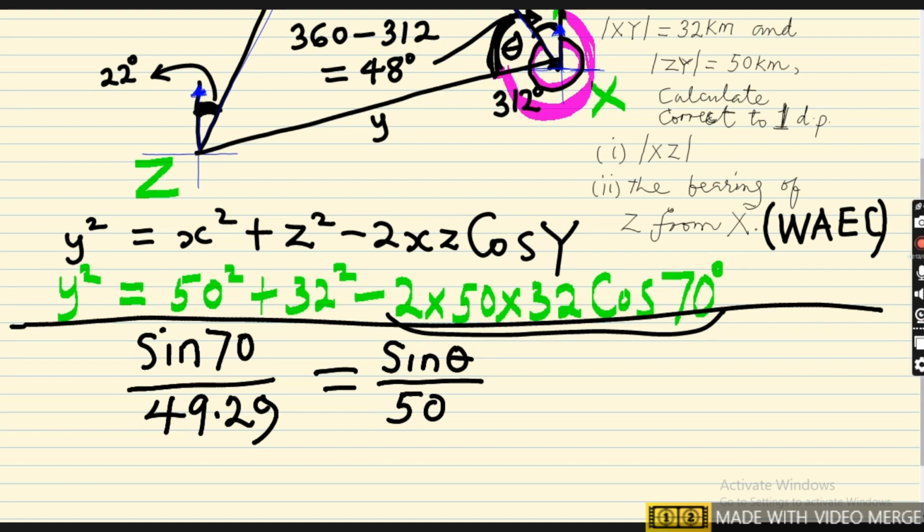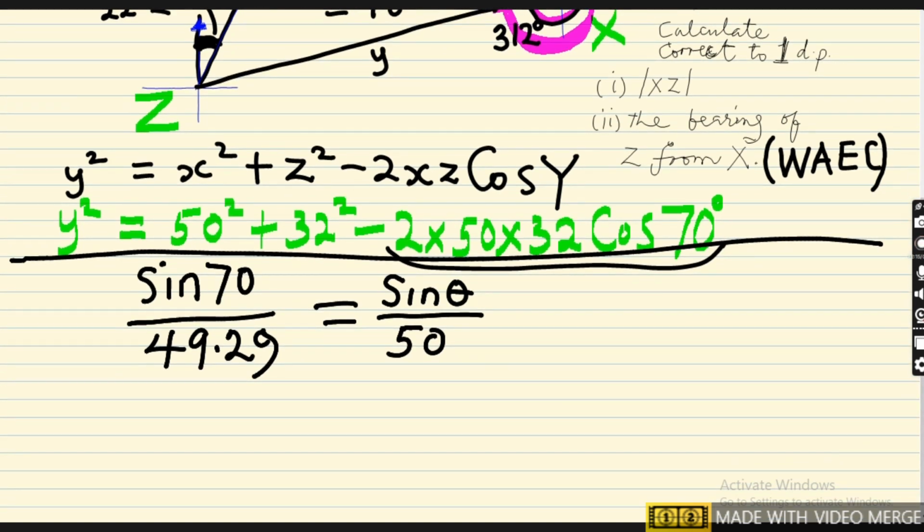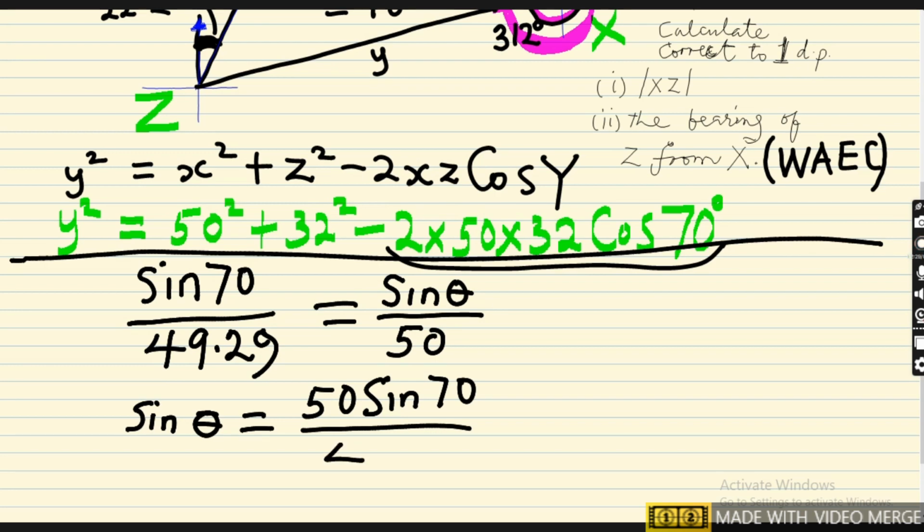Okay, cross multiplying to get your value, you can simply say sine theta equals 50 sine 70 over 49.29.